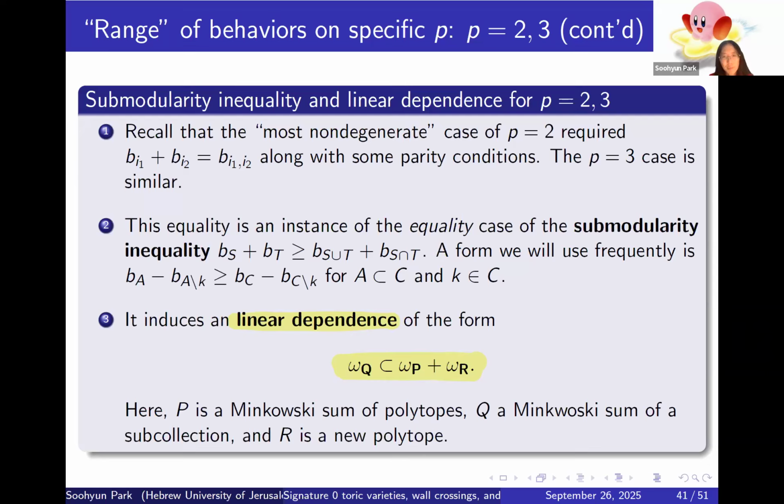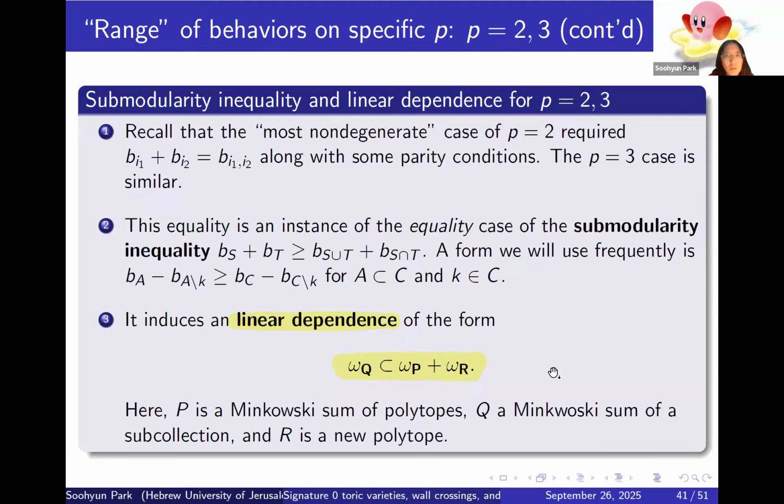I understand that might be complicated, but the general form of the linear dependencies we get is: P is a Minkowski sum of polytopes and Q is a Minkowski sum of a subcollection. Because Q is smaller, the orthogonal complement contains it, since Q itself is contained in P, and R is a new polytope. If you just rearrange the stuff in part one, it's not hard to see how you get this.